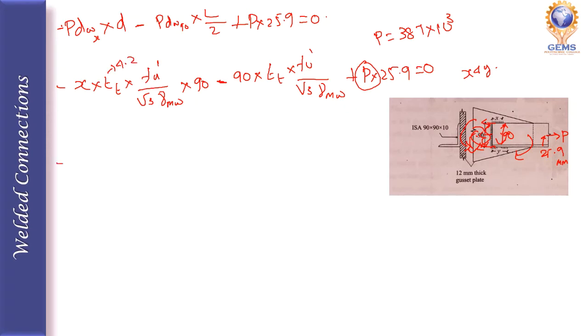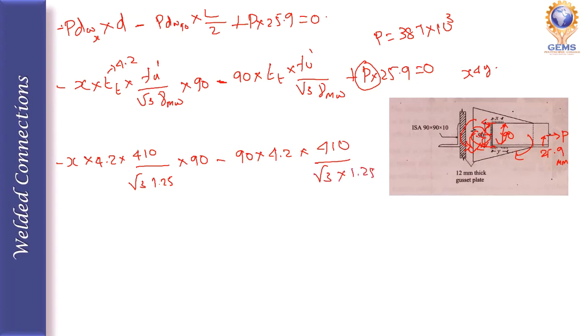So substituting every value: minus x into 4.2 into 410 by root 3, and gamma mw is 1.25, into 90, minus 90 into 4.2 into 410 by root 3 into 1.25, plus 387 into 10 to the power 3 into 25.9 is equal to 0.